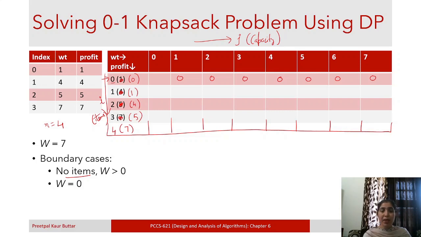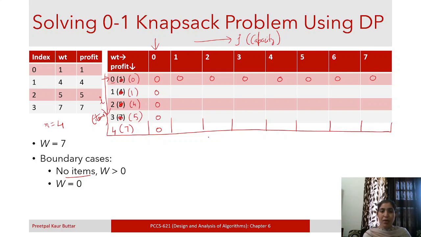And the second boundary case is capacity of the knapsack is 0. Okay, so it means this column here, the capacity of the knapsack is 0, so we will also fill this column by all zeros. So these subproblems are the base or the boundary cases which we have solved.